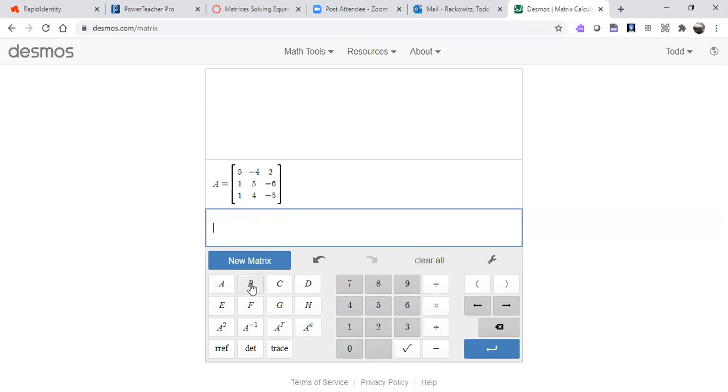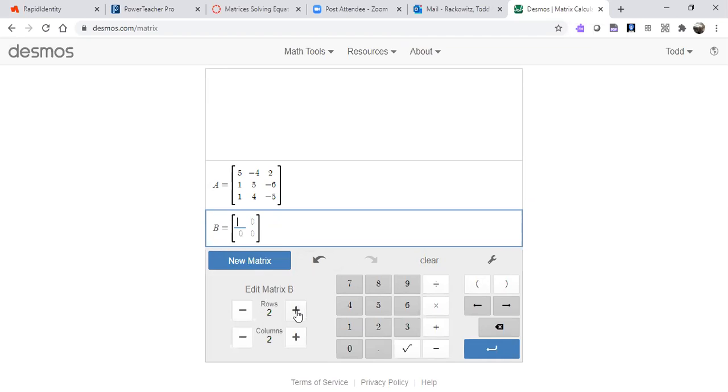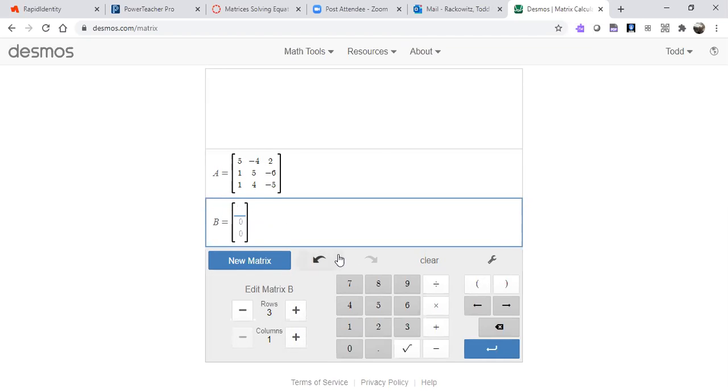Enter that matrix in, start a new matrix, which is a 3 by 1, and it was 24, 21.